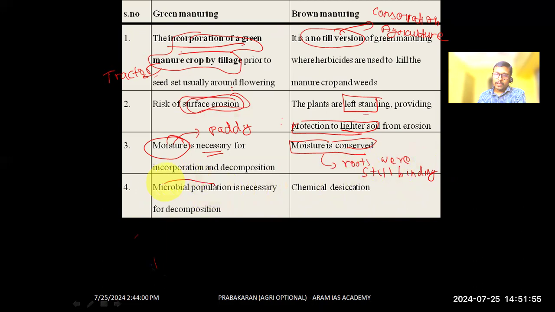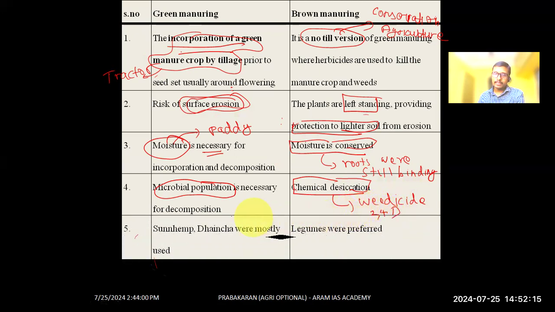Microbial population was used for decomposition in green manuring, whereas here weedicide or chemical desiccation was used. I have already told you 2,4-D was most commonly used.